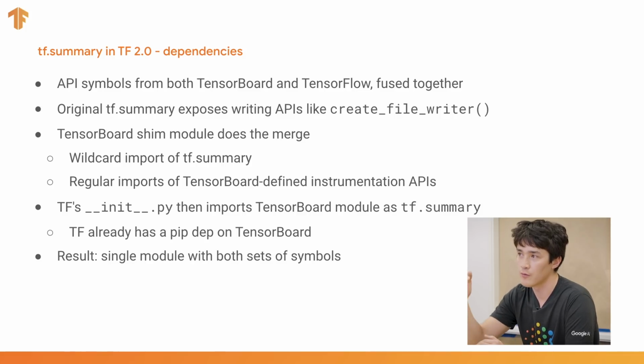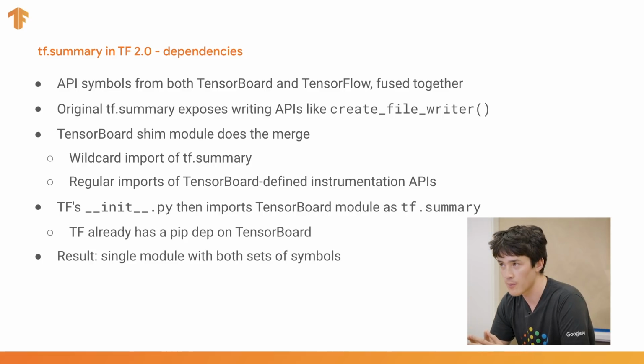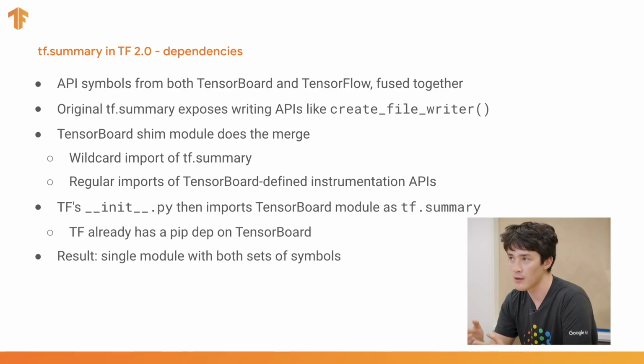And the way we linearize this dependency relationship is that tf.Summary in the original TensorFlow code exposes the writing APIs, like create file writer and the actual underlying writing logic. Then we have what I call a shim module in TensorBoard that merges those symbols via a wildcard import with the regular imports of the instrumentation APIs like scalar and image that are now defined in TensorBoard. And this produces the combined namespace, but now it's a TensorBoard module.